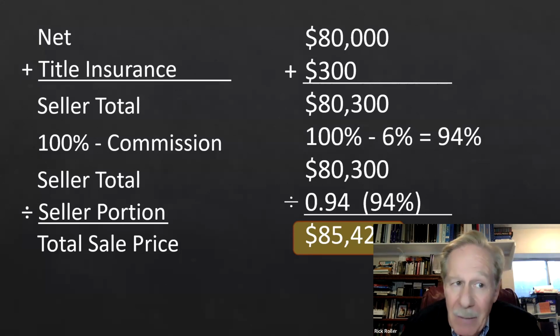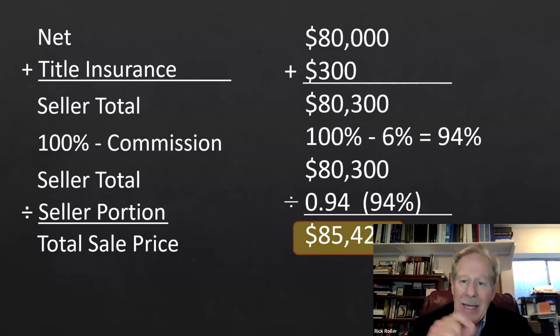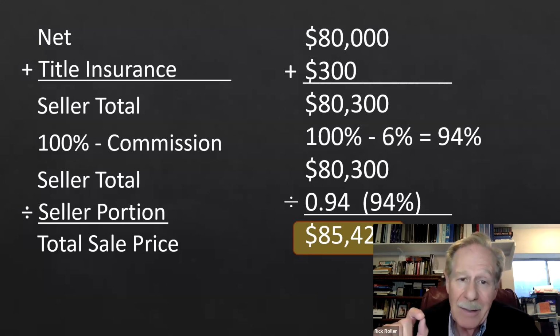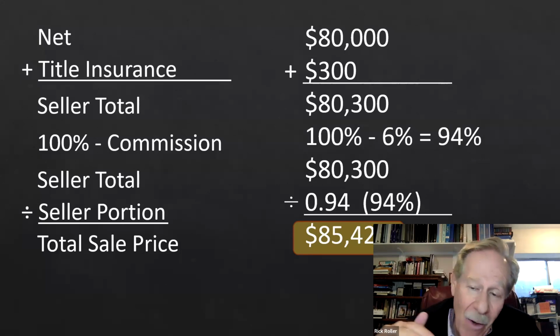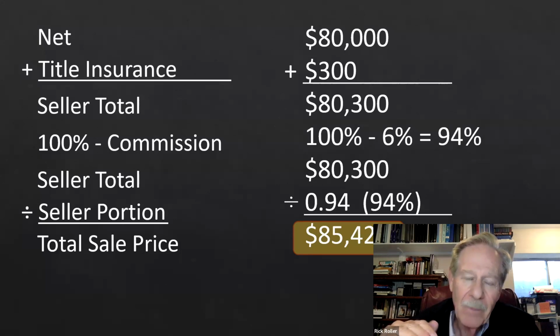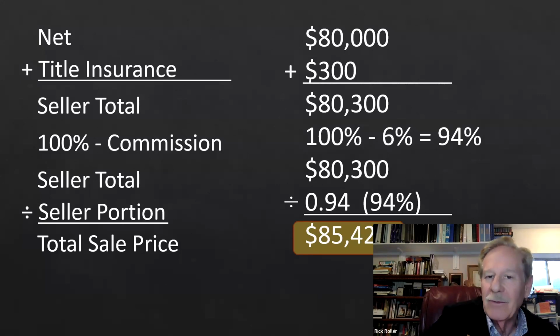They want a net, all right, but we got to add into the net expenses, and we know because they gave it to us, $300. So it's got to be 80,300 we have to net, and then we have to add on top of that the commission. Well, this 80,300 represents 94%.